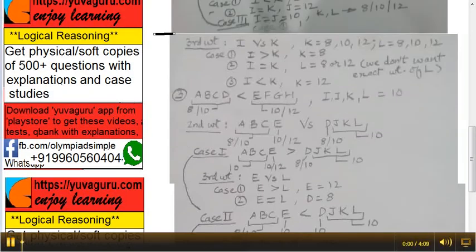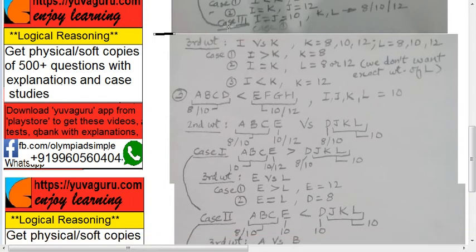So in case 3, I equals J, so K and L are problematic, 8 or 10 or 12. So the third weighing is now I versus K. K and L are 8 or 10 or 12, and I and J we know are 10. If case 1, I greater than K, then K equals 8.